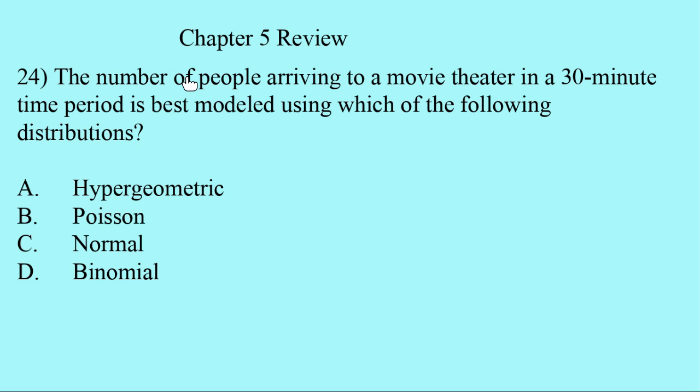Very good. All right. The number of people arriving to a movie theater in a 30-minute time period is best modeled using which of the following distributions? Hypergeometric, Poisson, normal, or binomial?